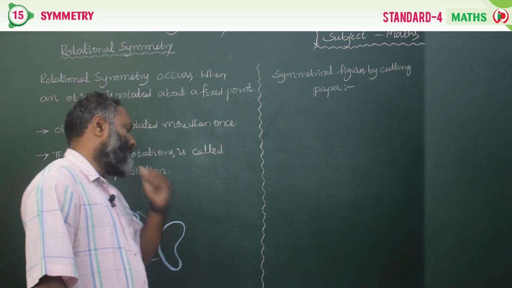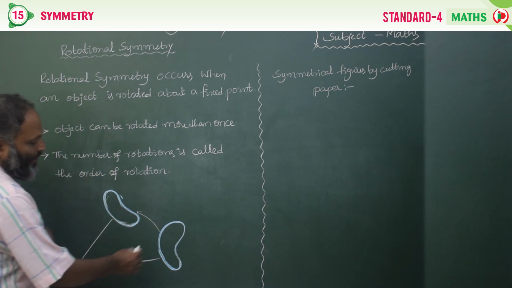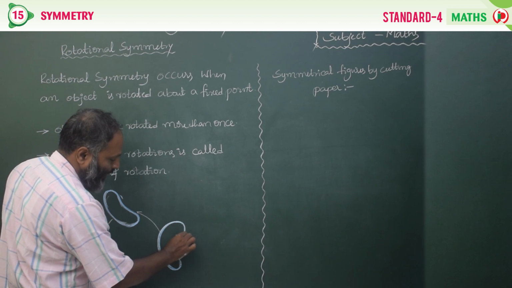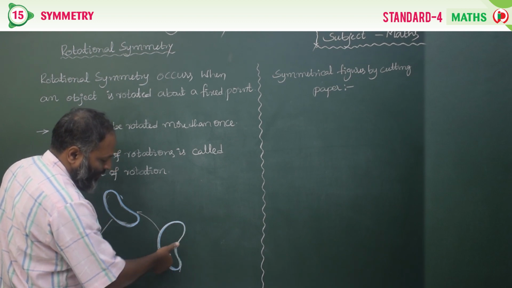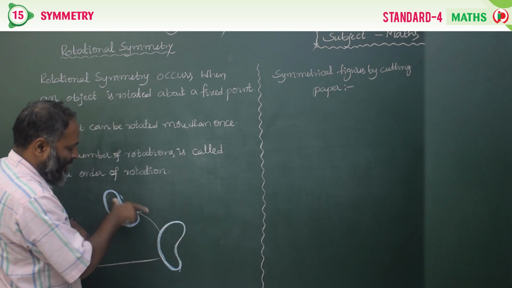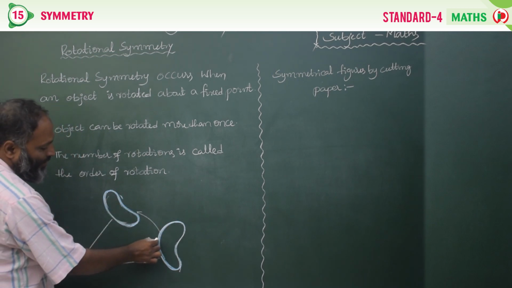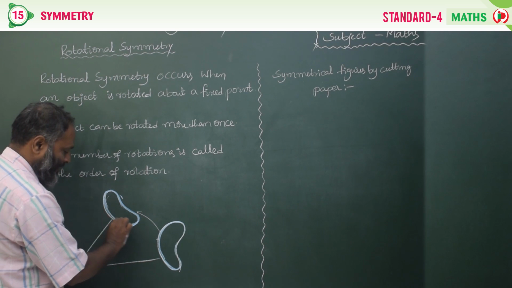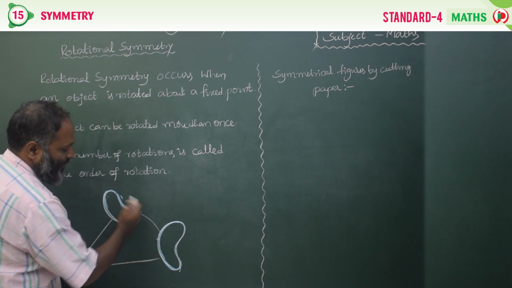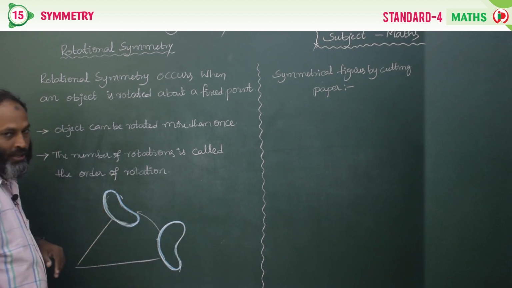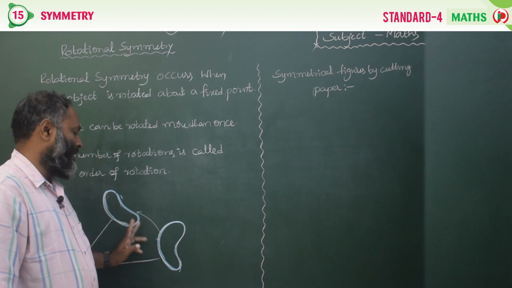Now here, see, a rotation is given. The particular object is in this shape, like a seed shape. If it rotates like this at 60 degrees, then the seed will come like this. This is after rotating. So this is the rotational symmetry.